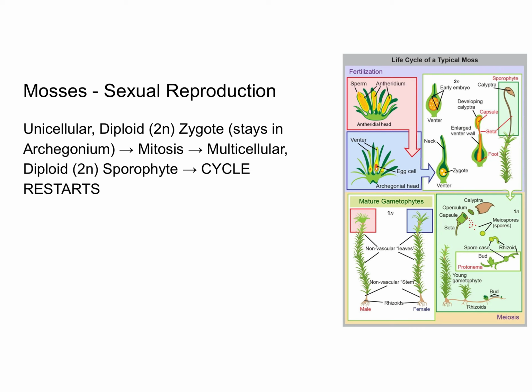Now that diploid zygote, once again, remember, is staying inside that female structure, the archegonium, where it's going to be protected and nourished. And it's going to go through mitosis. And since it starts out as diploid, the resulting cells are also going to be diploid. So the zygote goes through mitosis in order to form a multicellular diploid sporophyte. And you can see that happening over here in the picture.